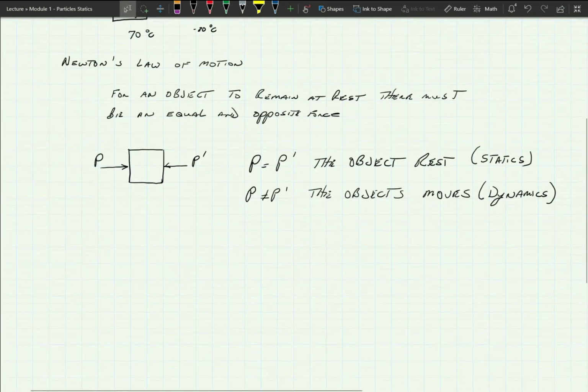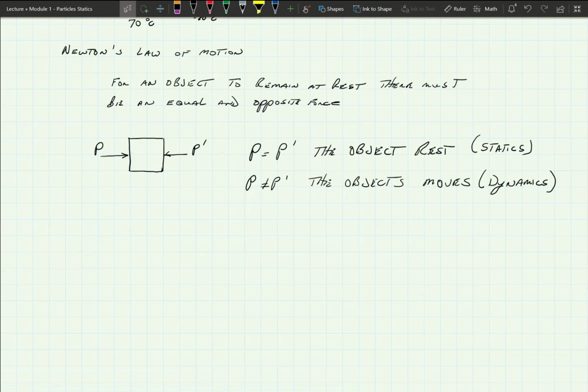Okay, all right, now here's the coolest thing about static forces. If we think about it, we want to move a force from one place to another so we can actually see what's going on. We have a principle that we call, let me write it out.